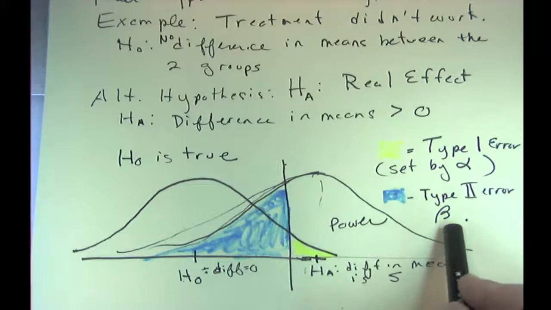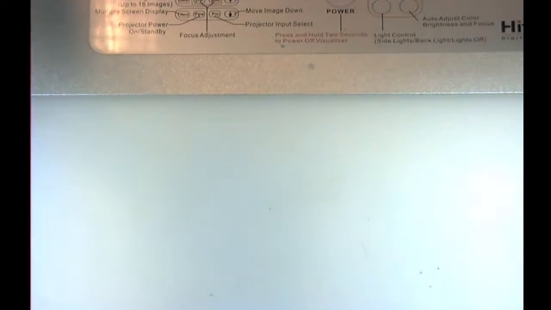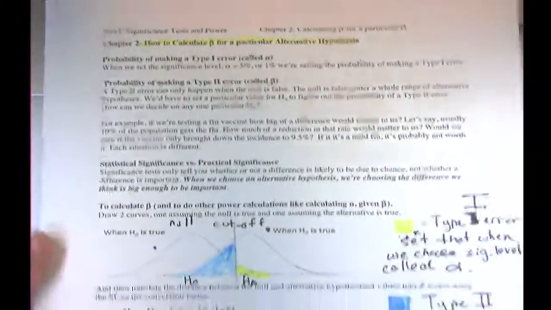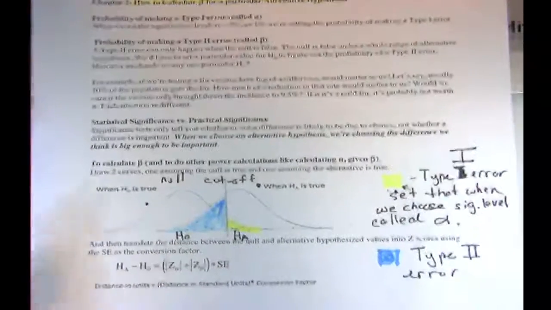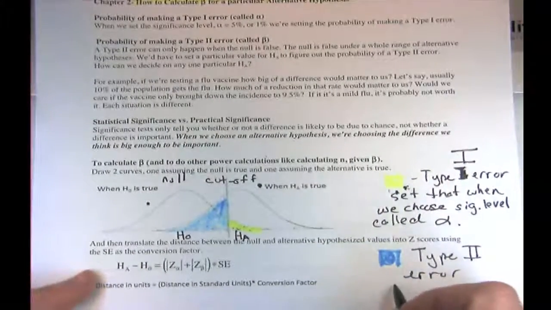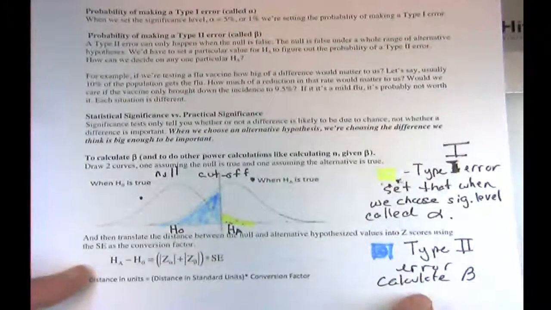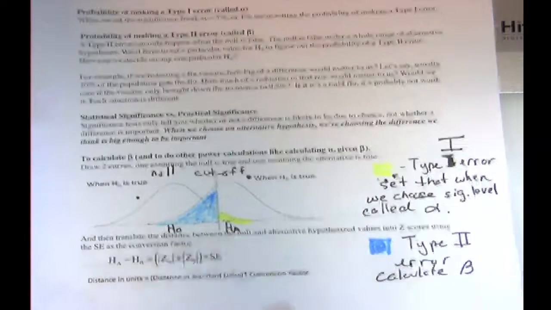All right, so let's go to page 4 in our notebooks. I drew the same little picture right here. This is where we're at. Basically, the way we're going to calculate the probability of this type 2 error, beta, is that you have to calculate beta for a particular alternative hypothesis.